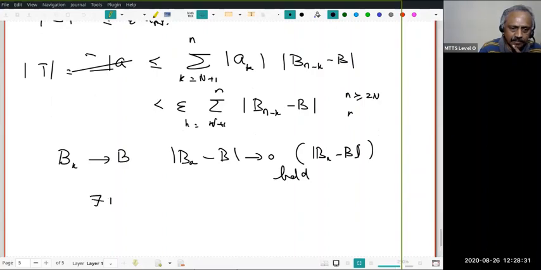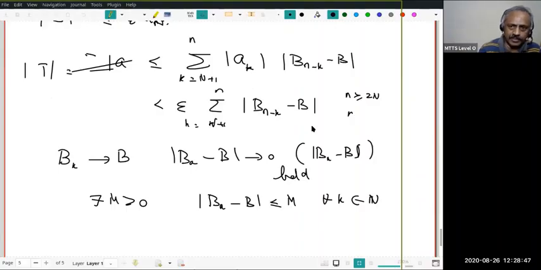Therefore, there exists an M positive so that mod Bk minus B is less than or equal to M for all k. You understood that? So since I am unable to estimate these mod Bn minus k minus B terms uniformly, I take a crude estimate. Okay, is that clear? Therefore, I can replace this by M.